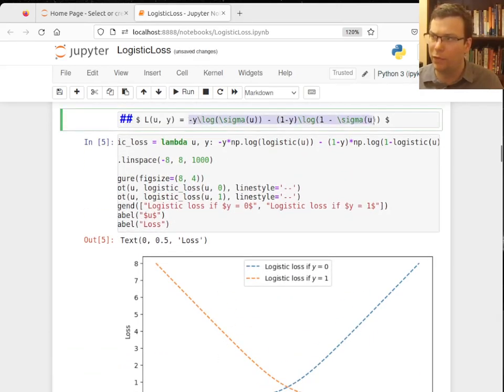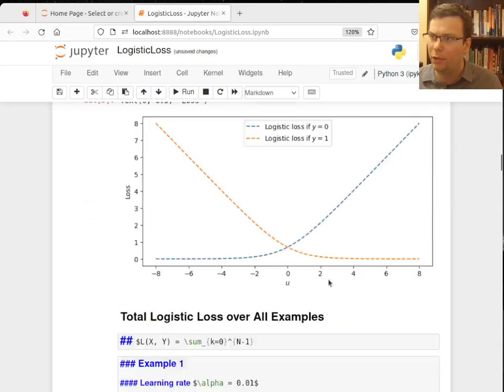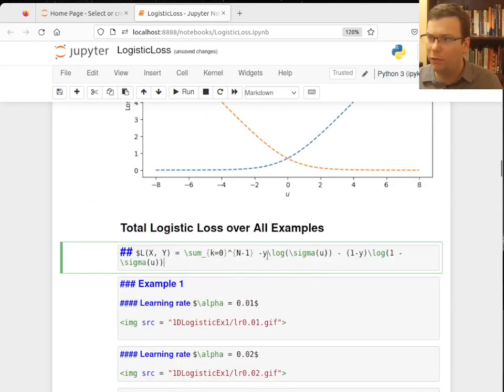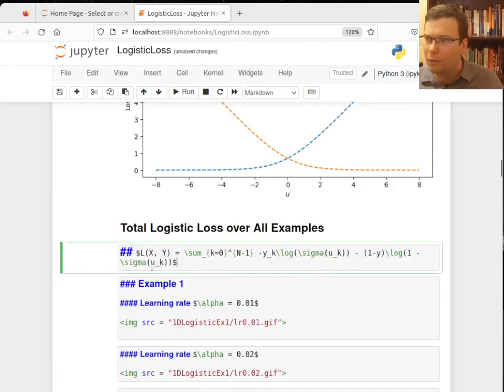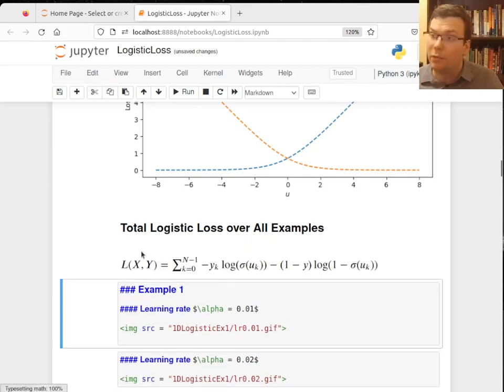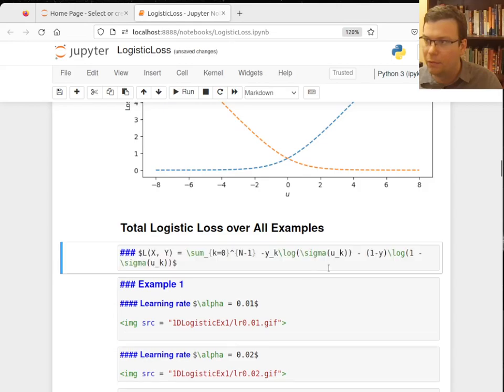So I'll just copy this equation here, the logistic loss on a particular example, and so actually what I'm going to do is sum up the losses over every single example, and that's my overall loss function here. Oops, forgot one, so this should be a y-k here.